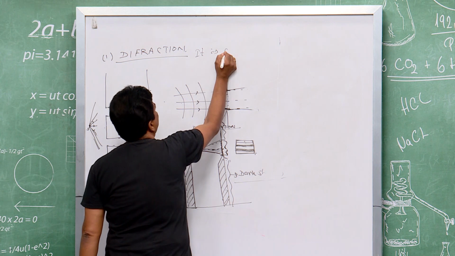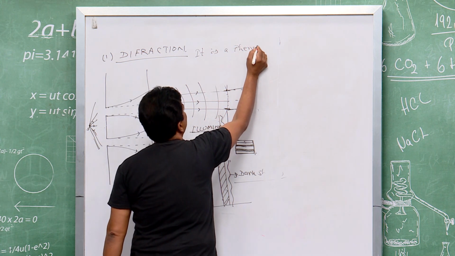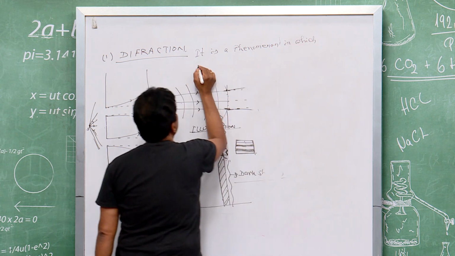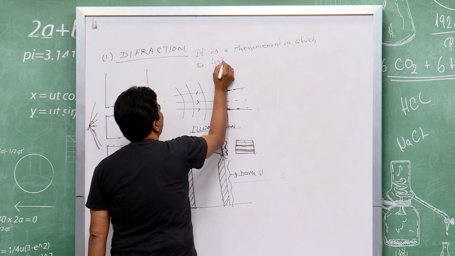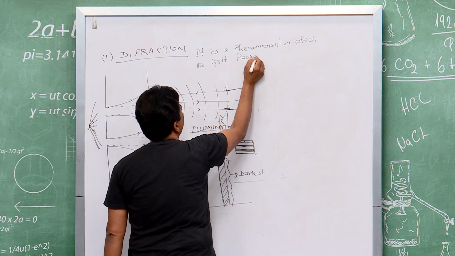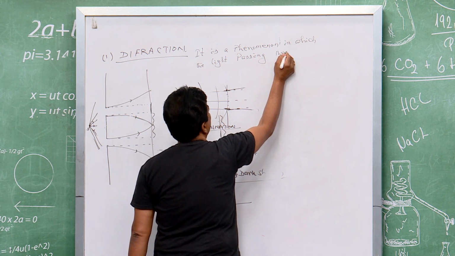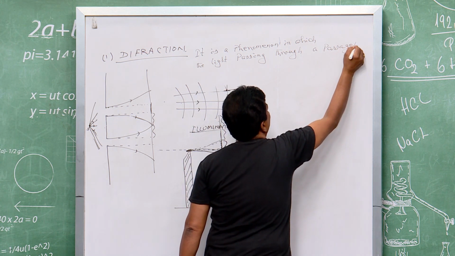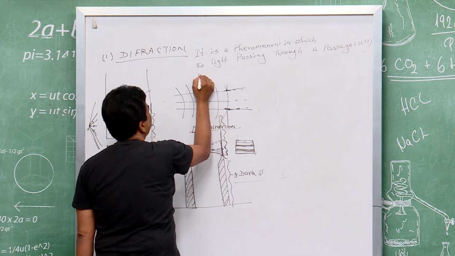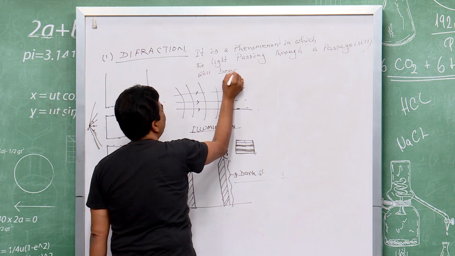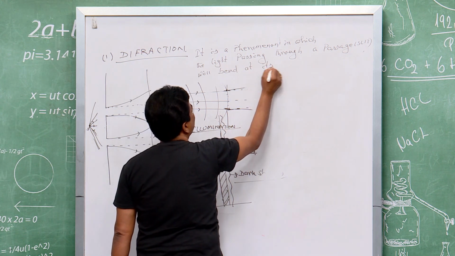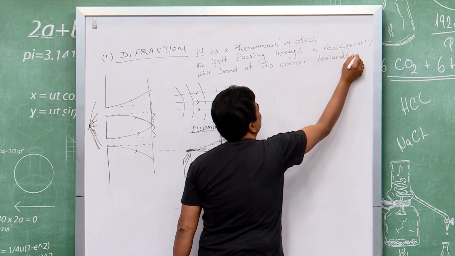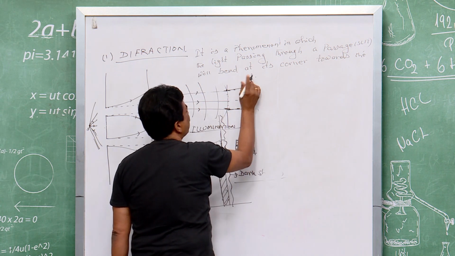It is a phenomenon in which light passing through a passage or slit will bend at its corner towards the shadow region.